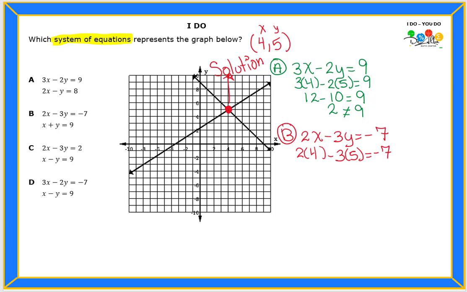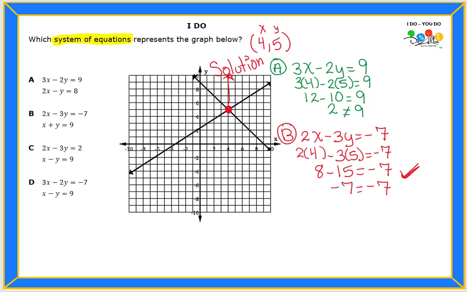Okay, we're going to work it out. 2 times 4 is 8 and 3 times 5 is 15. And now the question is, subtract 8 minus 15. And the answer is negative 7. What do you notice? Did I get the same negative 7 on both? Yes, I did, right? So that means that the first equation works, but that's not it.